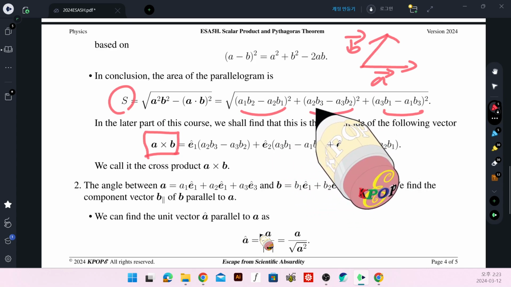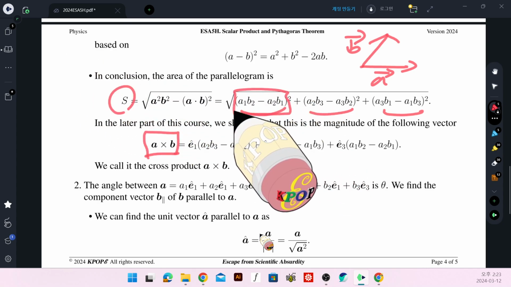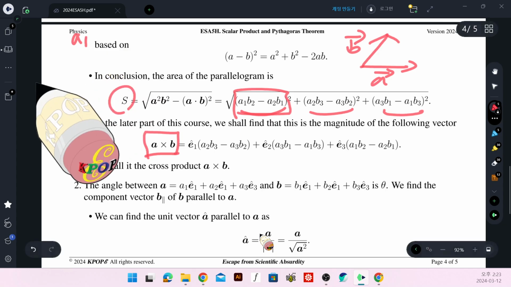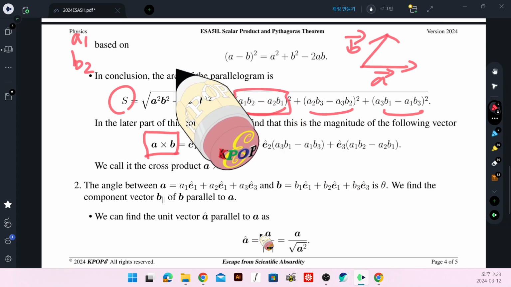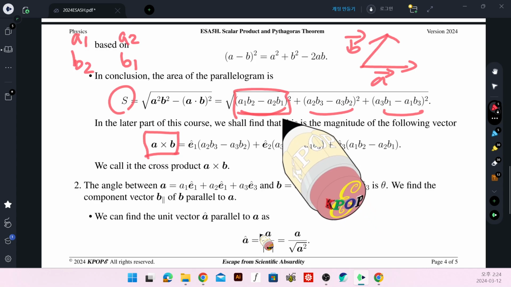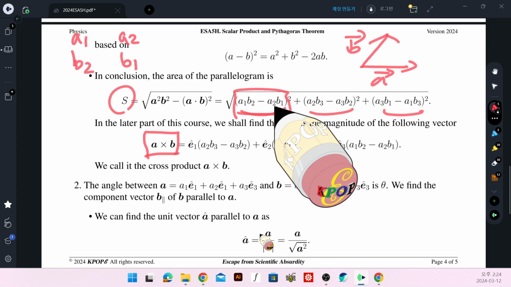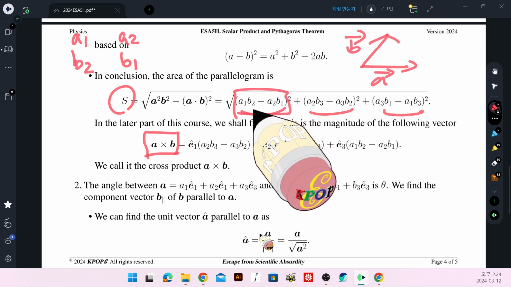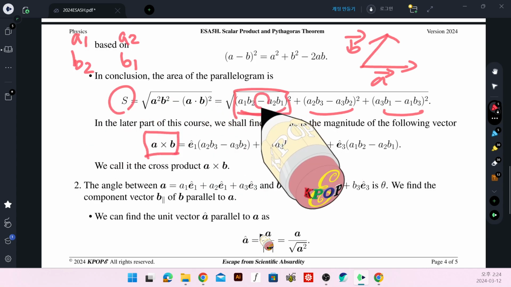as it is. For example, what about this? A1, B2, A2, B1, and A1, A2, B1, B2, but this has a B2 or B1 and a negative sign.